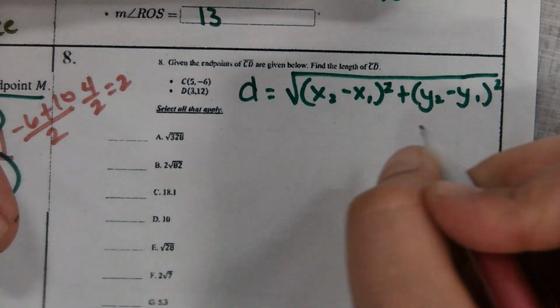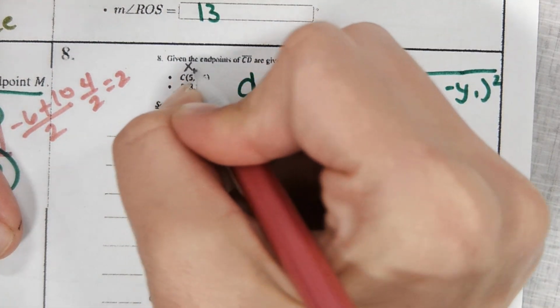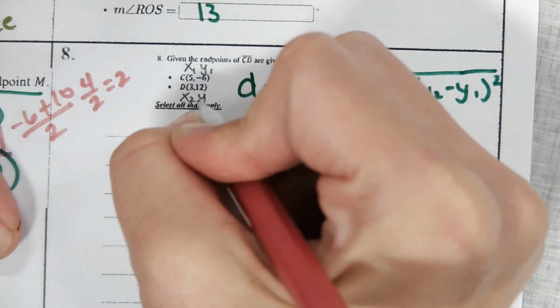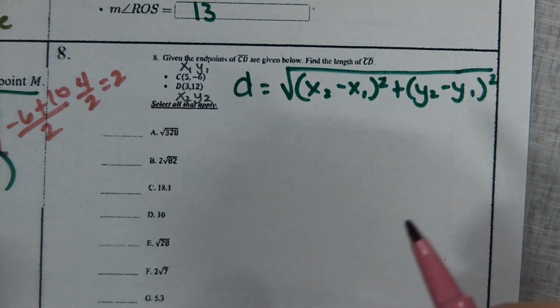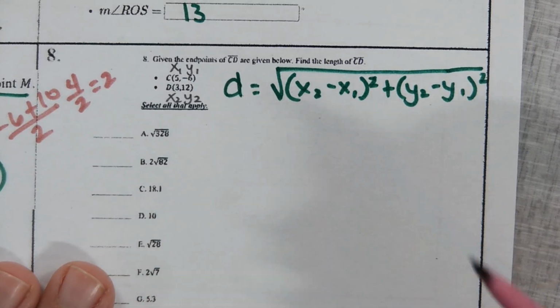Then to use the formula, we need to label our points. First set of points x1, y1. Second set x2, y2. And then we'll plug the numbers into the equation.